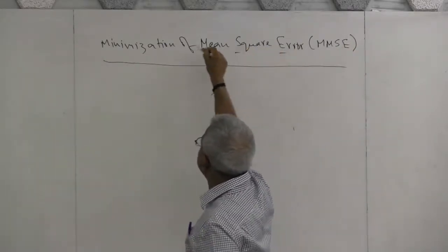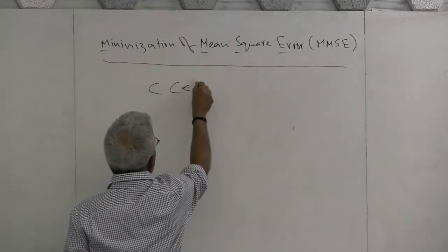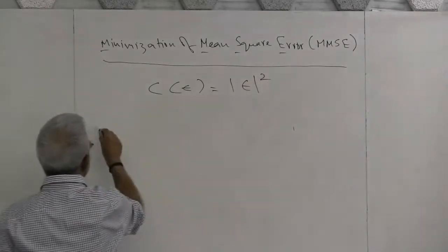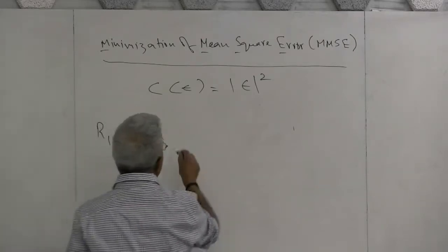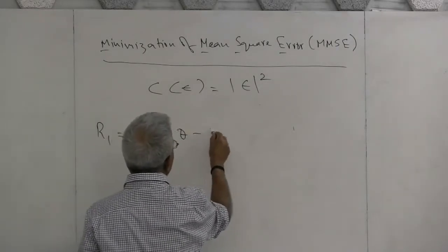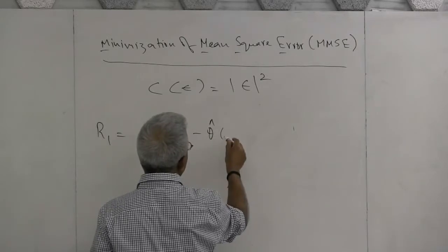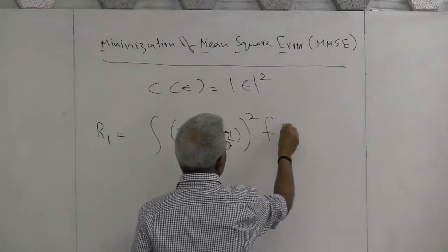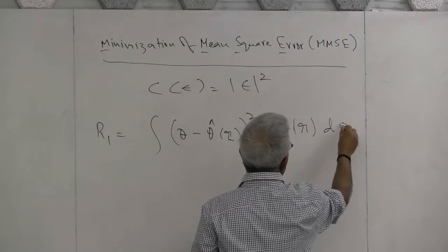Remember that C of epsilon is epsilon squared. So our R1 is going to be the integral of theta minus theta hat of R, squared, times f of theta given R d theta.